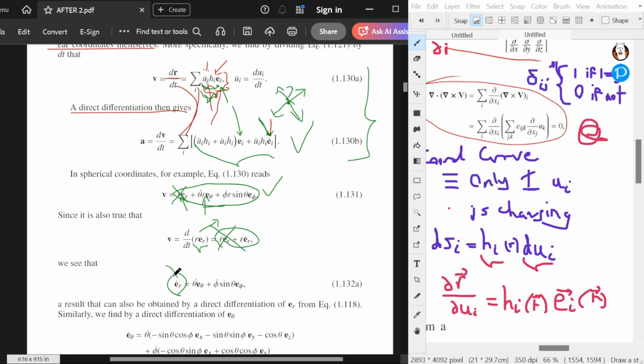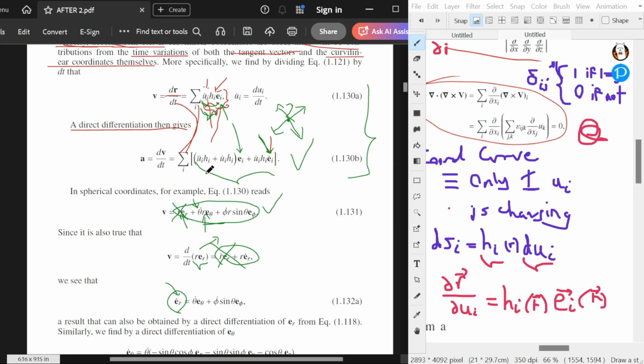So the differential of the unit vector in the radial direction equals the differential of theta.